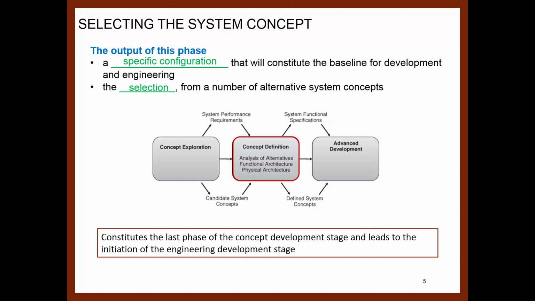From this point on, we are going to be specifying some system functional specifications, and we are also going to provide some defined system concepts. This phase constitutes the last phase of the concept development stage and leads to the initiation of the engineering development stage.